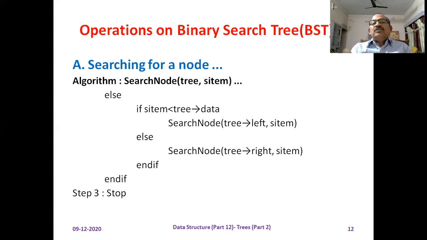Else, the search item is greater than tree data. What will we do? We will go to the right subtree of the root node, meaning we will call the function or procedure, the algorithm search node, with the parameter tree right. You can observe that this tree right is a pointer to the right child of the root node, and tree right in the algorithm becomes the root node. Tree right comma search item. And next step, stop.